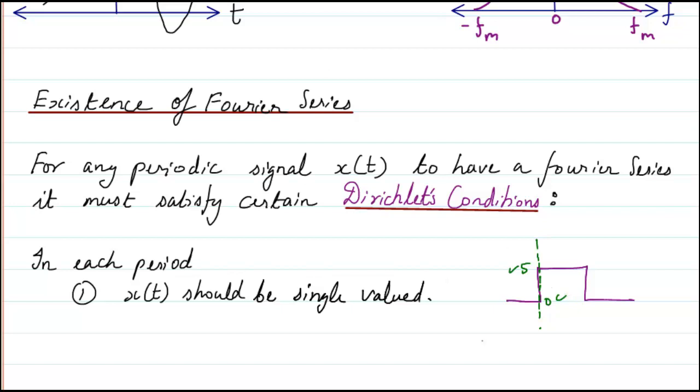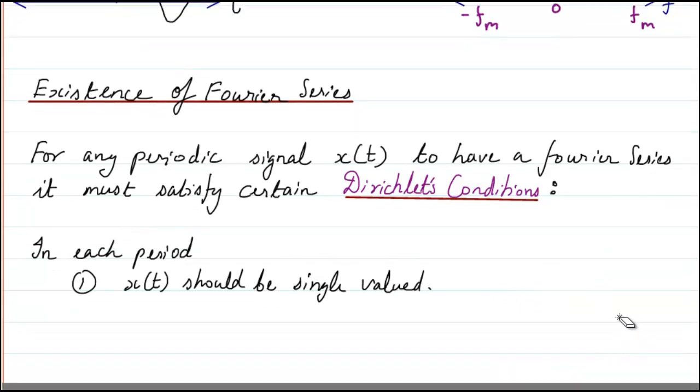So even though when we draw a wave like this, we are actually drawing something that goes like this, which has a rise time. So at a given time there will be only one value. So the first condition is that x of t should be single valued.